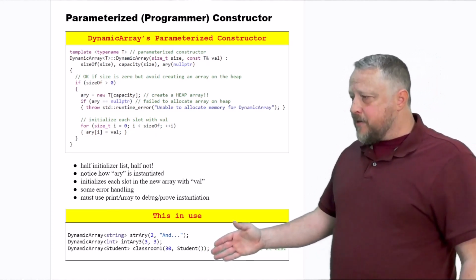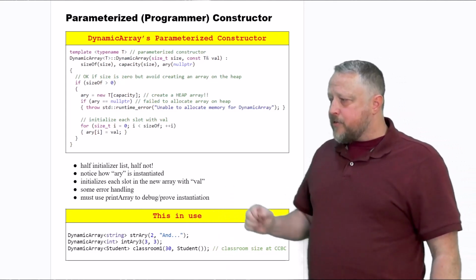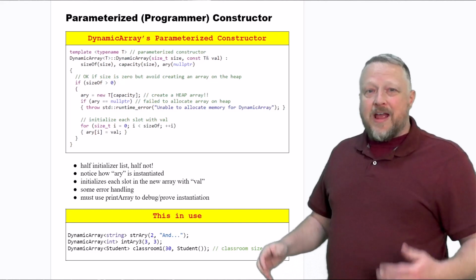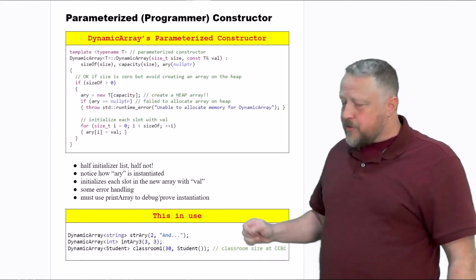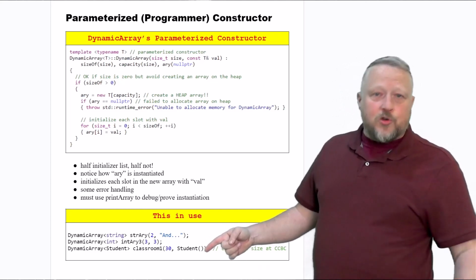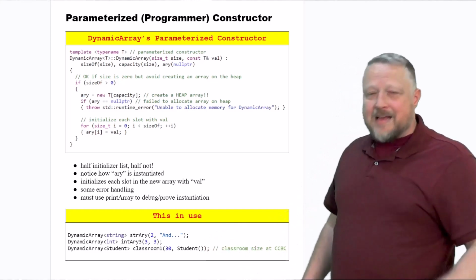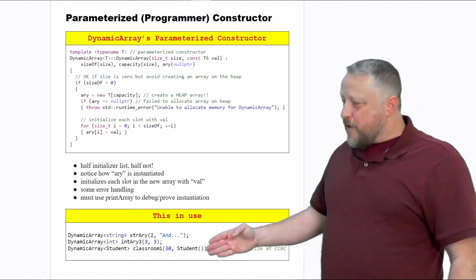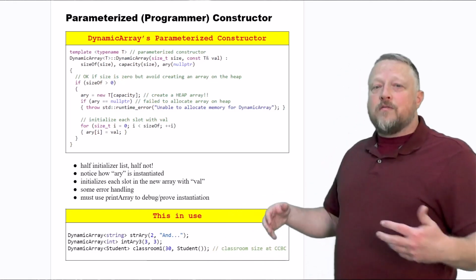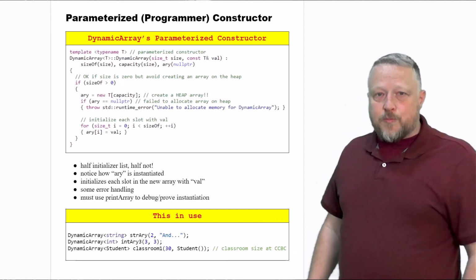So what this means is that it's going to create 30 spots, and each of those are going to be a new student. Now, I know it doesn't say new in front of them, but as you know, as we create our normal student, as we created with advanced classes and objects, for each spot within the array, it's going to create a student value in that particular spot.